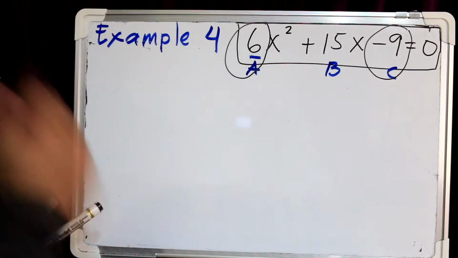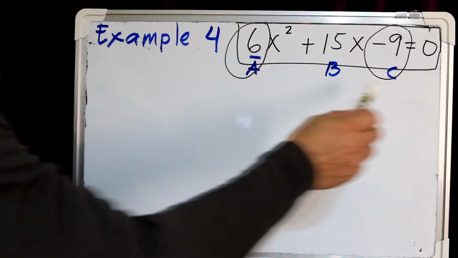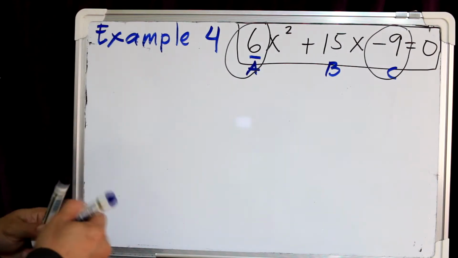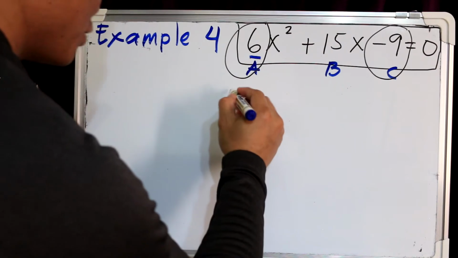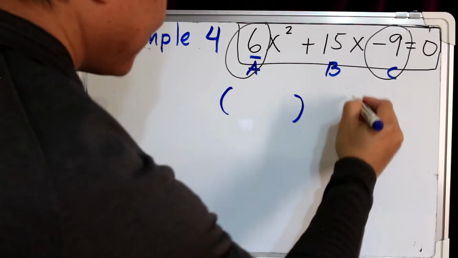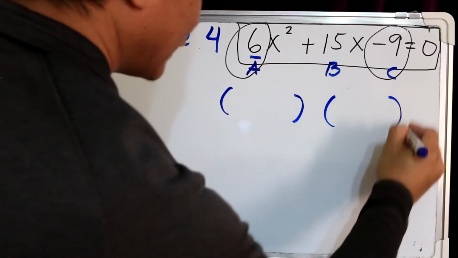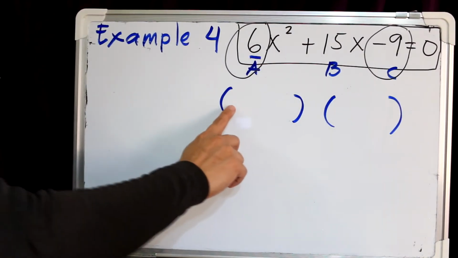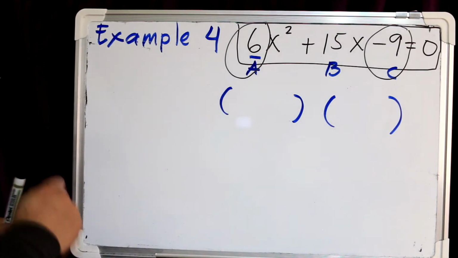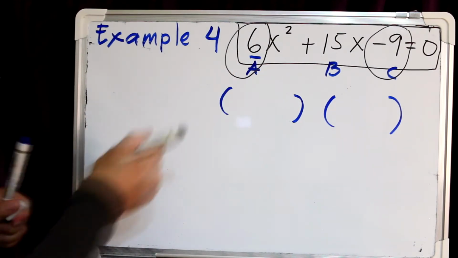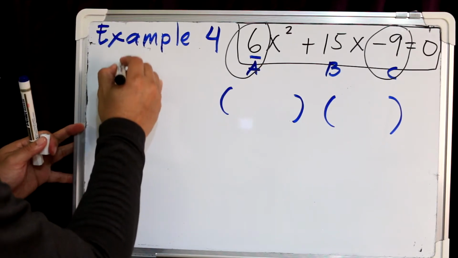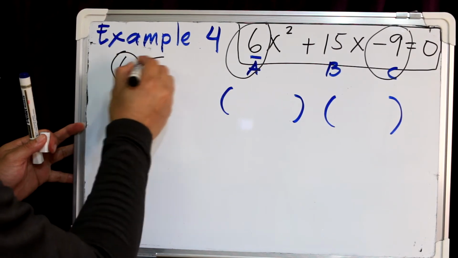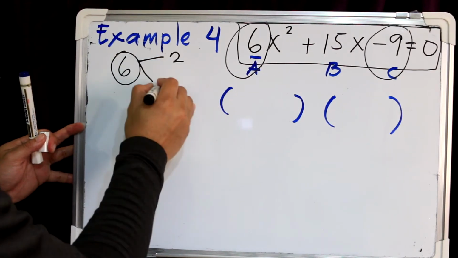What I'm saying is that we will factor this and we will factor that one too. Again, we are going to make two brackets here. Then of course, there should be a value of the x and the value of the x there. So that will be our 6. Now if we're going to have 6, it can be factored further by 2 and 3.